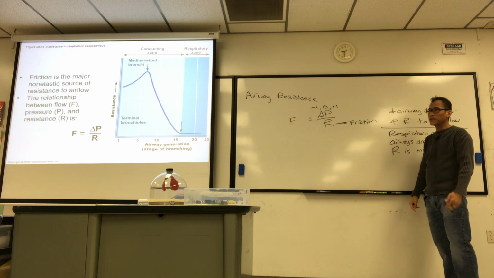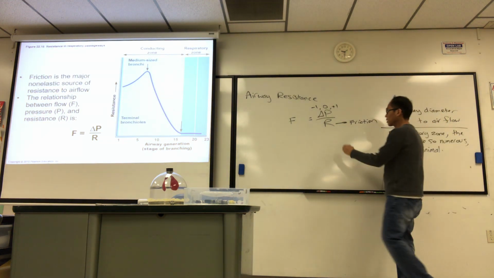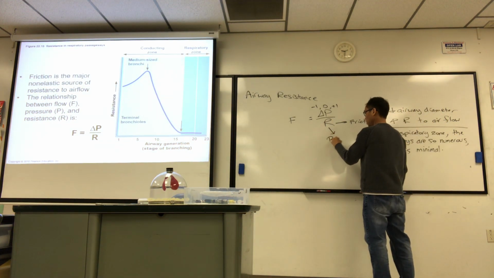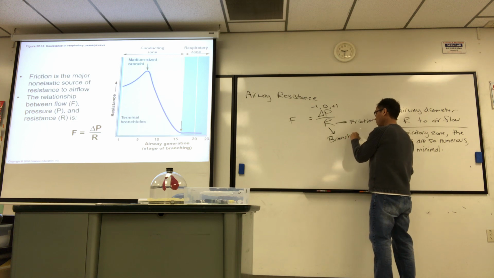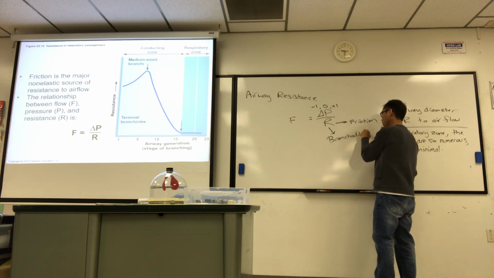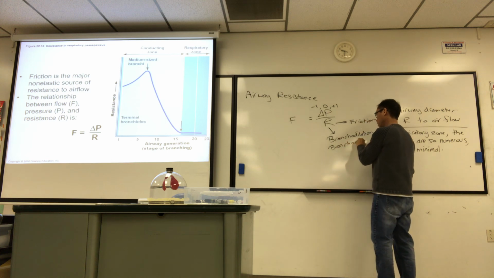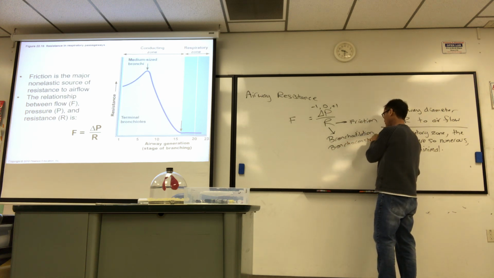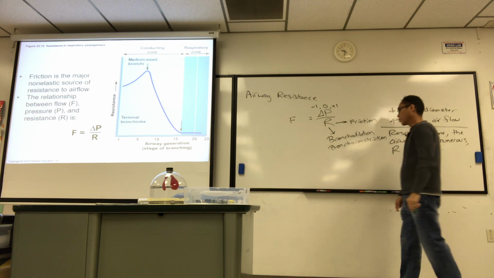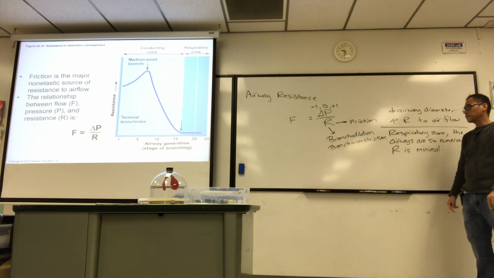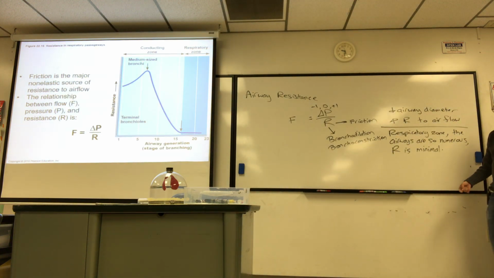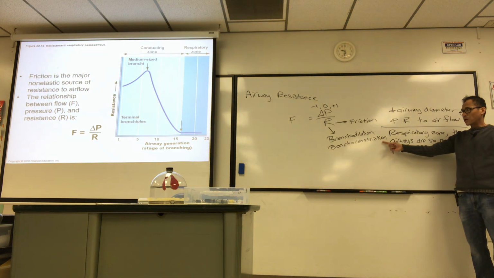But there are other things we can consider, like bronchodilation versus bronchoconstriction. During normal quiet breathing, the parasympathetic nervous system is kicked in and you're more or less bronchoconstricted.